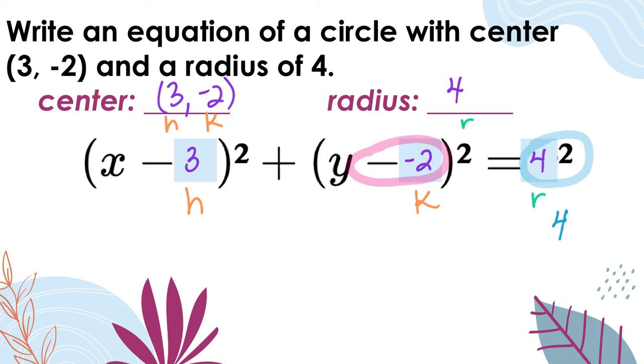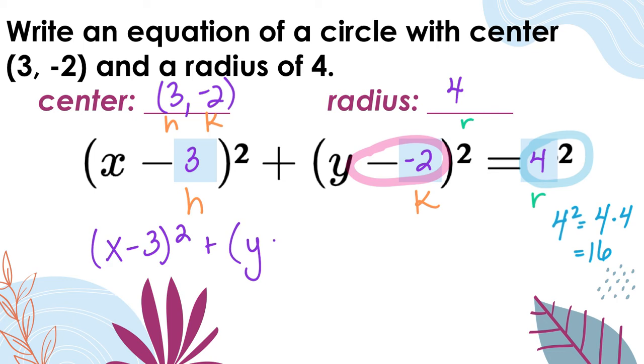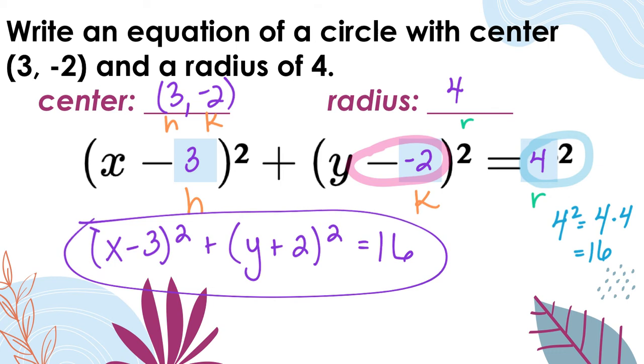Remember, 4 squared is the same thing as 4 times 4, which should give us 16. We can also plug that into our calculator. So my final answer will be (x - 3) squared, which doesn't change because there's only one negative, plus (y + 2) squared equals 16. And that's my answer.